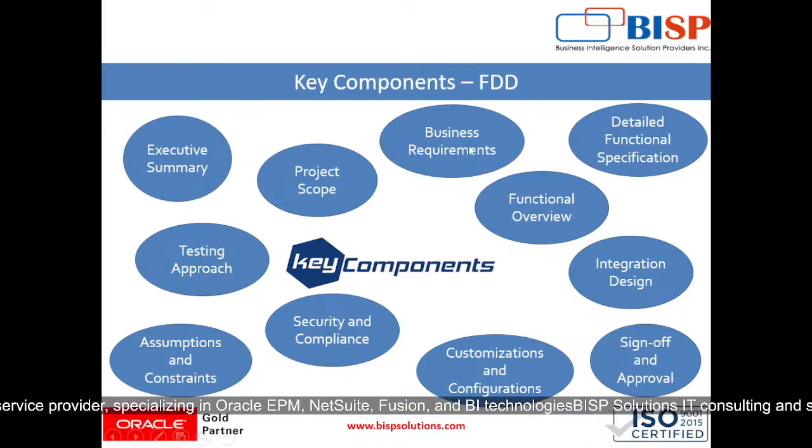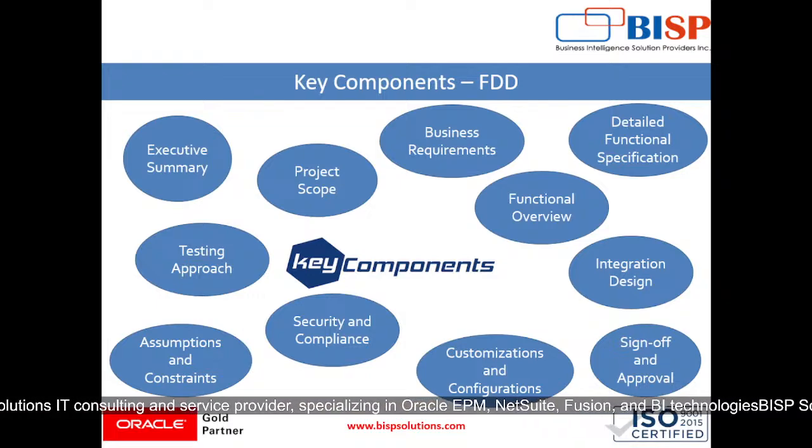Then comes our project scope, which defines what is included in the implementation and what is not. The contents included in project scope are modules to be implemented, key business processes in scope, and specific exclusions to avoid scope creep.